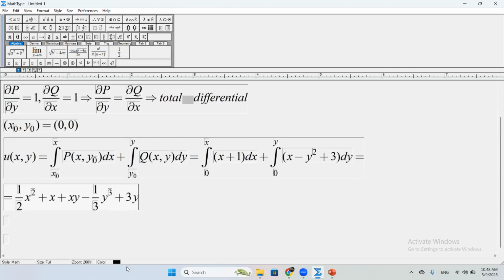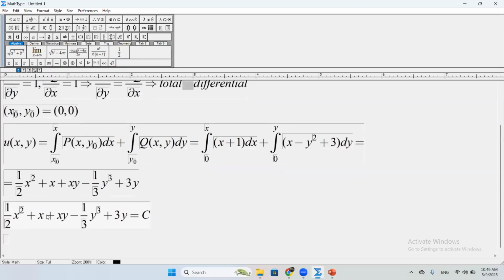So actually we have received the restored function by its total differential. If I substitute x here, we have such expression. If I substitute 0, I receive 0, and analogically to this integral, if I substitute 0, I receive 0. And the final answer will be the following: this expression equal to c.